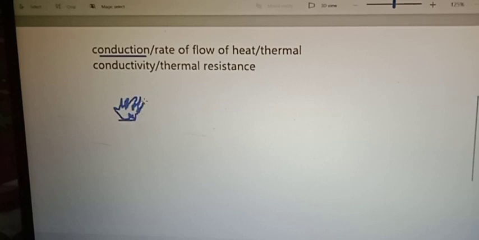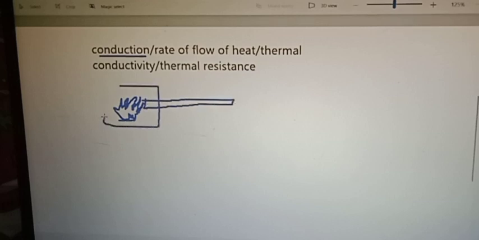So, this is a burner or some heat energy source, and there is a rod made up of a conducting material or any kind of material.